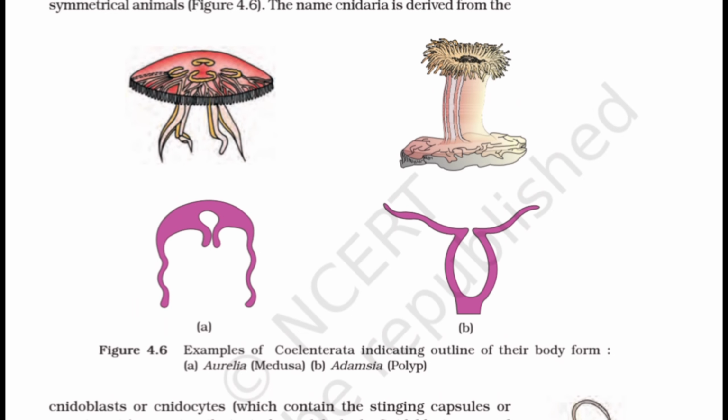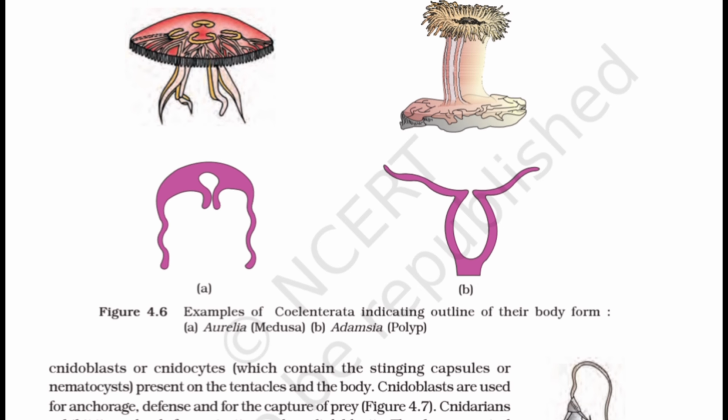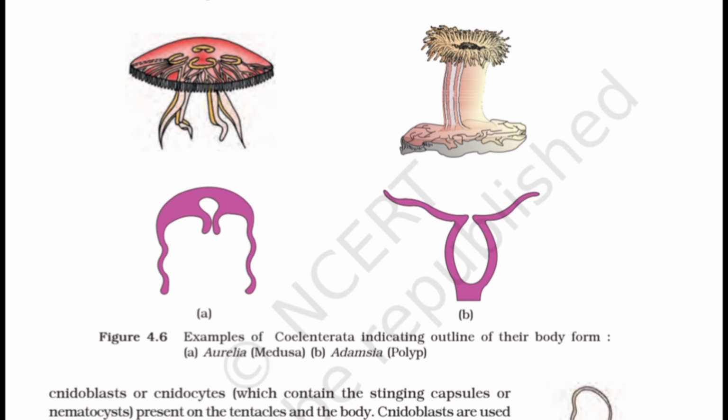Here we can see in the figure examples of coelenterates indicating outline of their body form. A is Aurelia which shows the medusa form and B is Adamsia which shows the polyp form.